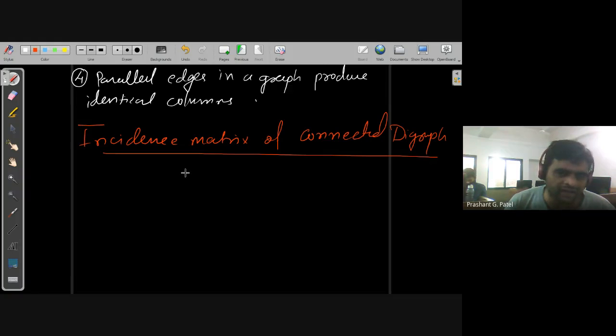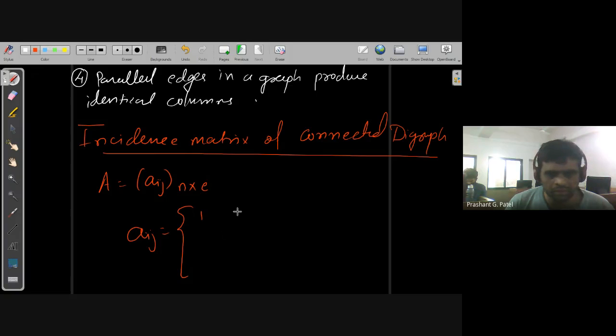If you have a directed graph, then your matrix A = [aij] has number of rows equal to the number of vertices and number of columns equal to the number of edges. But this aij in this case will have three entries: 1, -1 and 0.